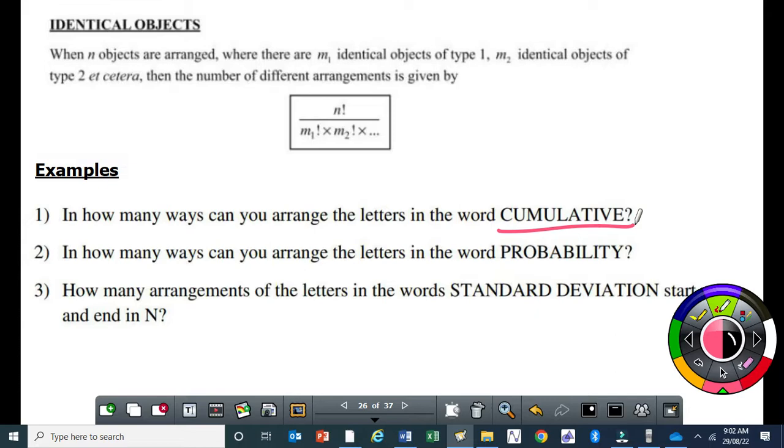Generally we don't use the word repeated in a situation like this. We use the word identical. So you just have to divide by the product of the identical letters.